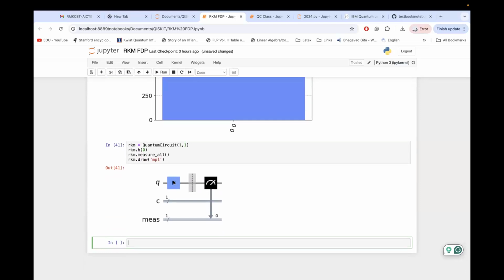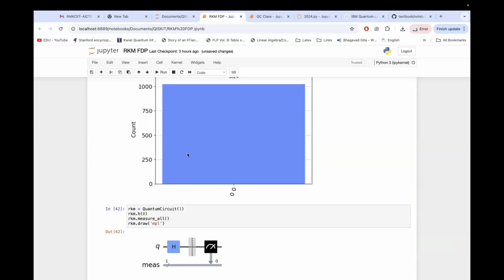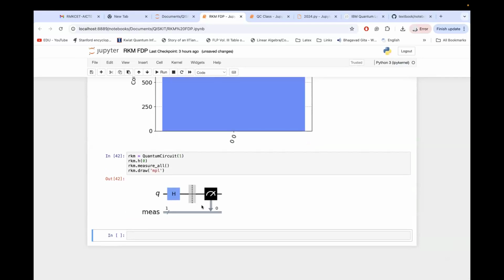So the Hadamard operator is like rotating horizontally polarized light to 45-degree polarized light. 45-degree polarized light has an equal superposition of horizontal and vertical polarized light. So it is a quantum superposition of the 0 and 1 states. I'm making this circuit by applying the Hadamard operator and measuring the system. The outcome is stored in this classical register.